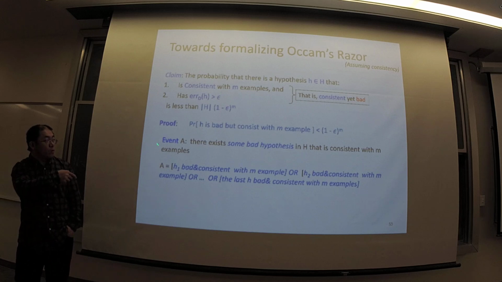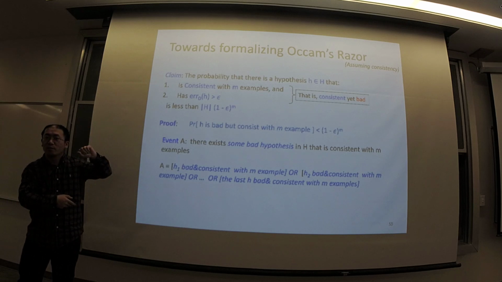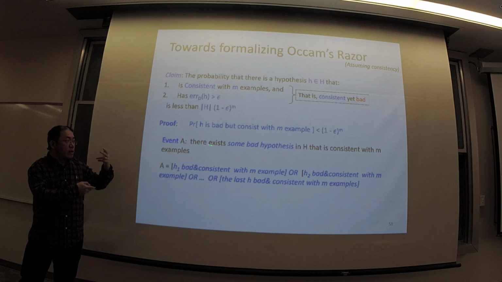Let me describe it again. Event A says there exists some bad hypothesis that is consistent with m examples. So how can we represent this event? When will event A happen? This bad hypothesis might be the first hypothesis in the space, might be the second, might be the third, might be the last one.